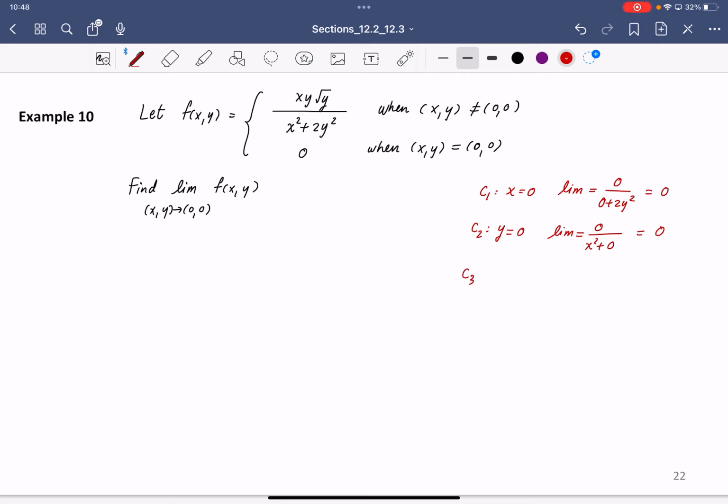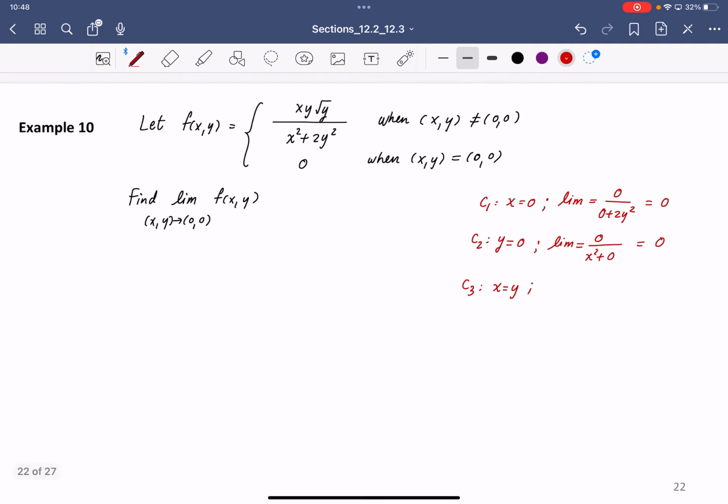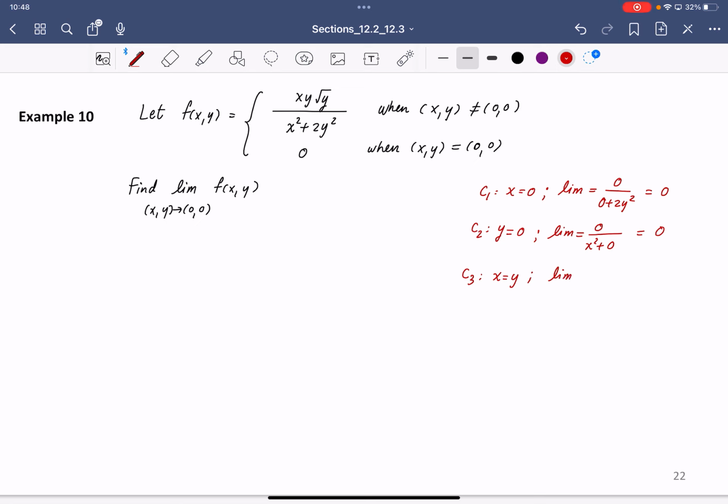Then you can try the line x equal to y, or y equal to x. You get the limit of x squared times the square root of x, over x squared plus 2x squared.